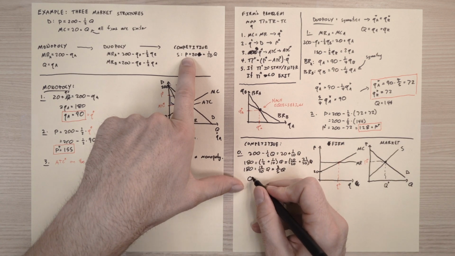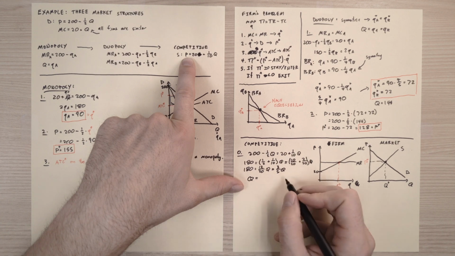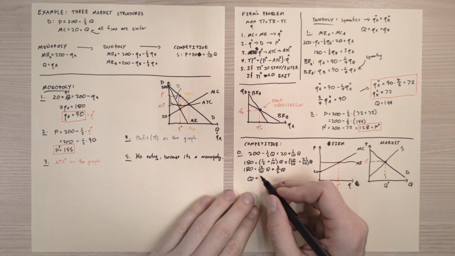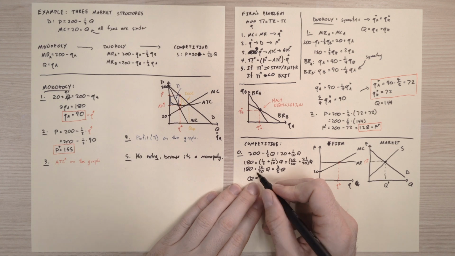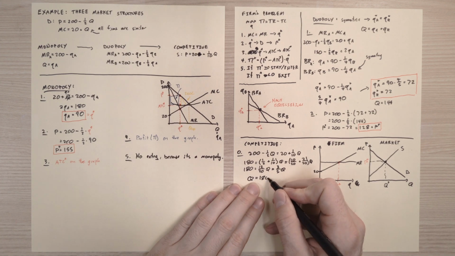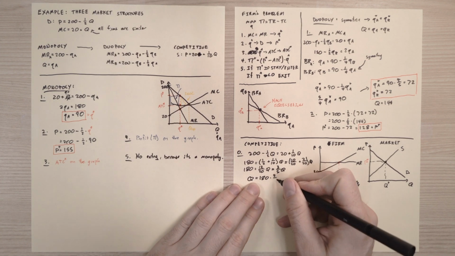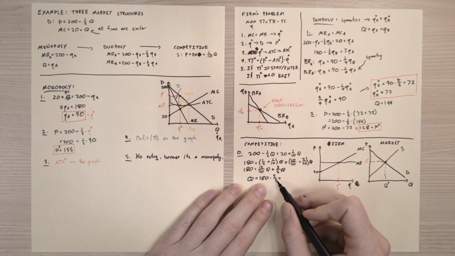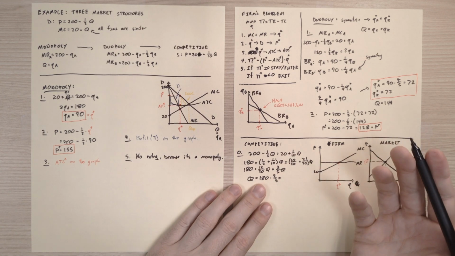I'm just going to flip the relationship and simplify this. So Q is equal to 180 times 5/3. And this is 180 divided by 3, and then we multiply it by 5.